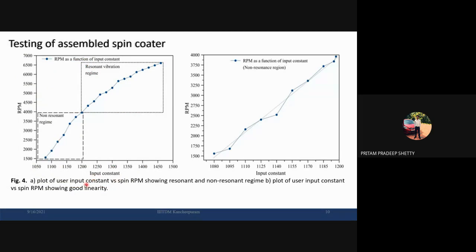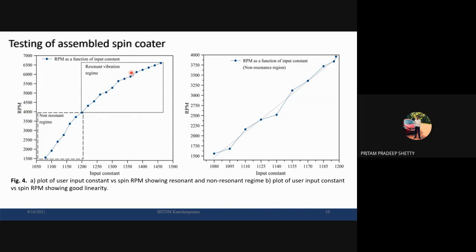I'll just go into the requirement aspect. The display unit and the numeric keypad which I showed earlier allow us to enter certain values, which will correspond to the RPM of spin on the chuck. We saw that as we increase the input constant, RPM also increases linearly. One interesting thing about the device which we encountered while testing is that above 4000 RPM, there is a resonant regime.